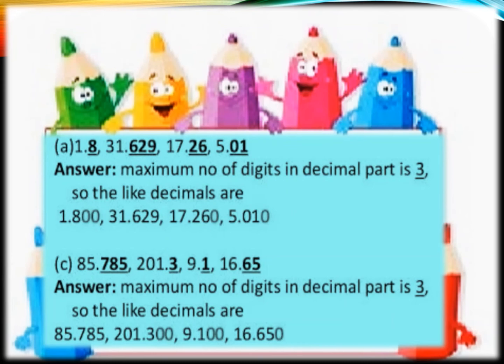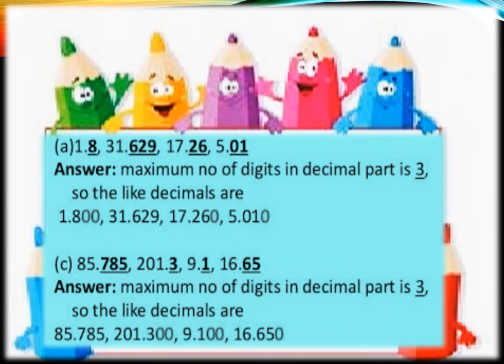For like decimals, we shall add zeros at the end, at the last one. So 1.8 will be changed to 1.800. 3 decimal places are there. And then 31.629 will remain the same. 17.26, then 0 at the end. And then 5.010. In this way, all the numbers have 3 decimal places.